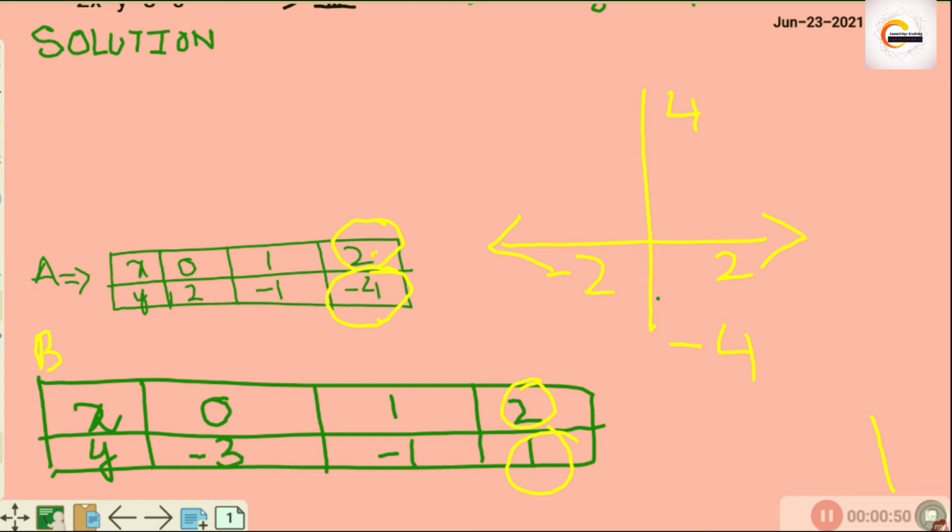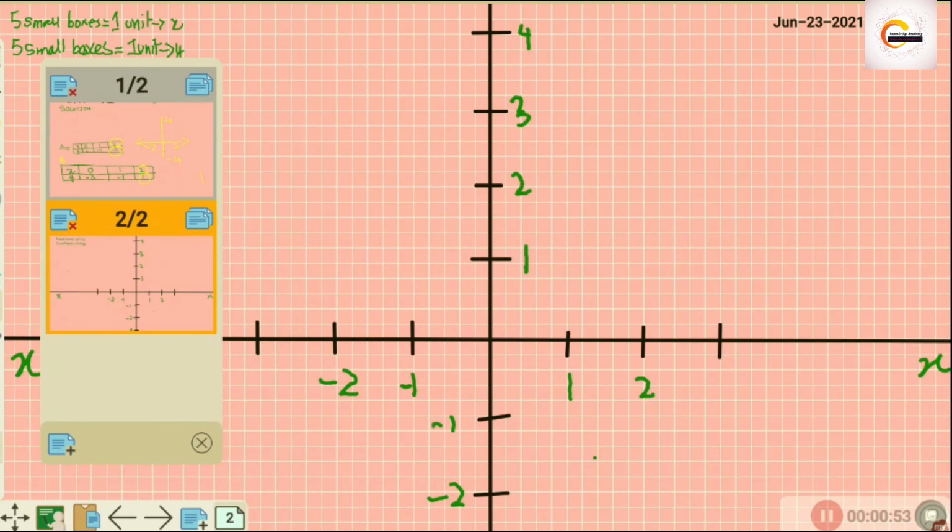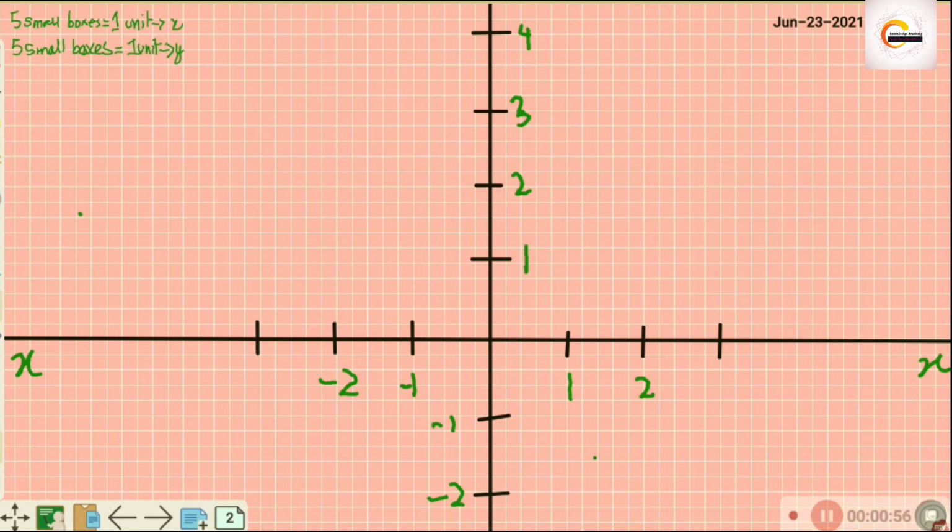So let's jump to our graph. I have already made the graph. As you can see, we have established a scale that 5 small boxes equal 1 unit on the x-axis and 5 small boxes equal 1 unit on the y-axis. Similarly, I have already told you the limits.